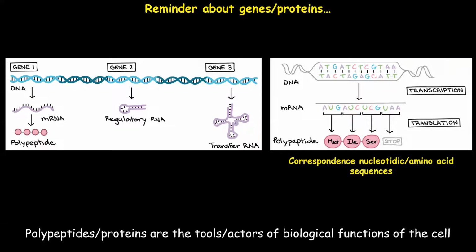And that's what we call the genetic code. So there's a code which tells you that if you have an AUG codon, you get here this methionine amino acid.